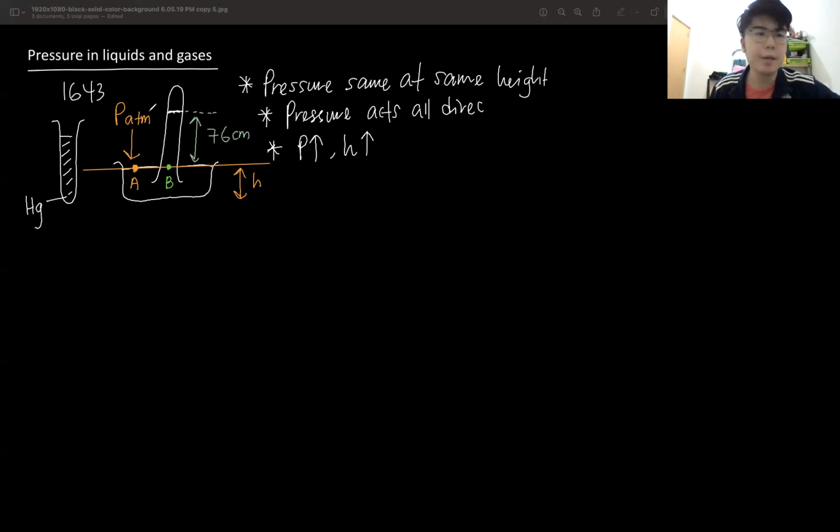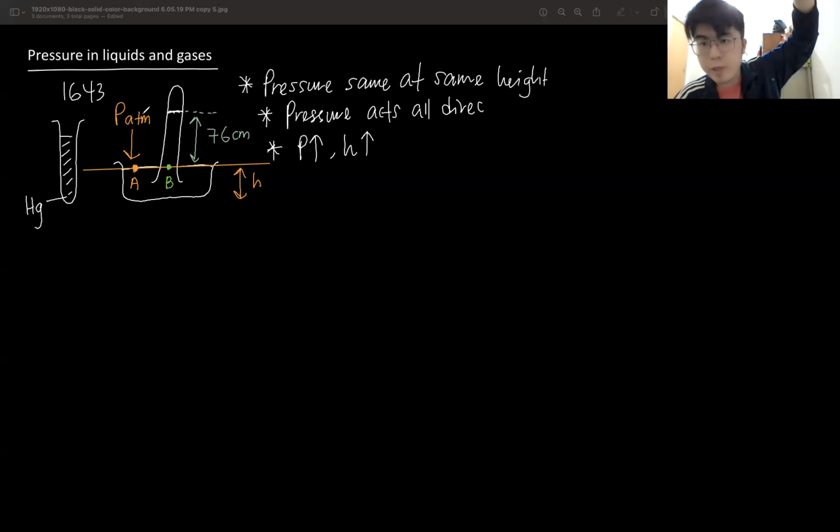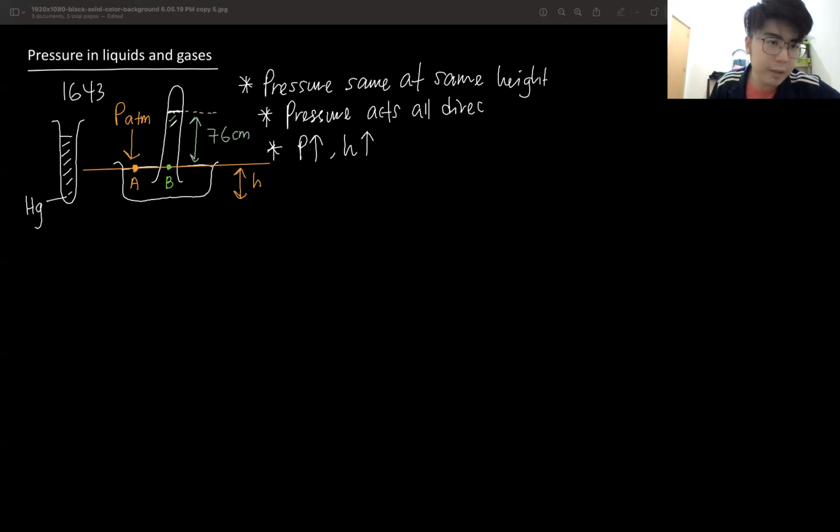Point B. What pressure is acting on point B? Is there anything above point B? You have a liquid above point B, right? You have a mercury column, this one inside, above point B. So the pressure acting on point B comes from the mercury column here. I label again, this one pressing down is PHG, that is pressure of the mercury.